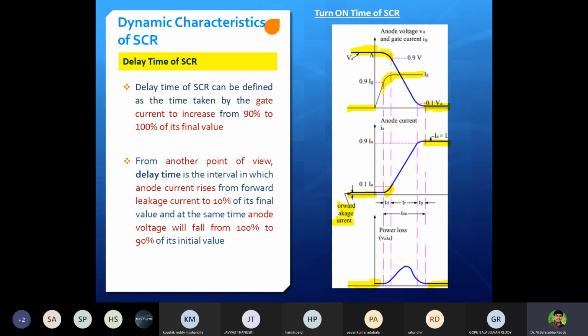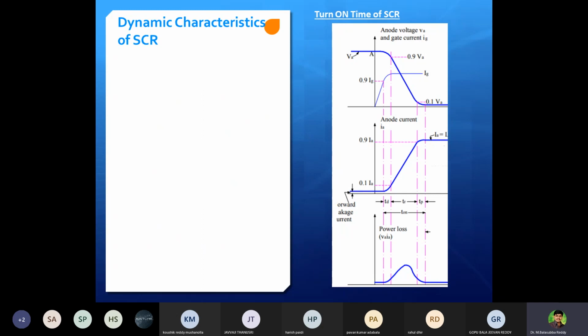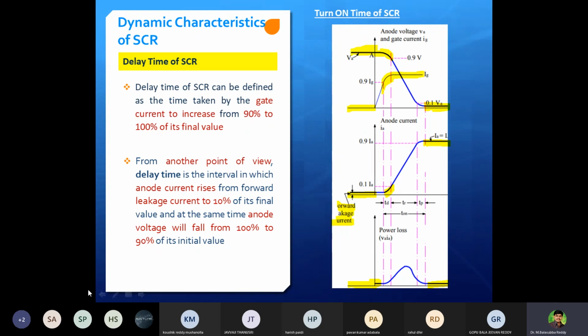And otherwise also you can see the delay time interval in which the anode current, this one is the anode current, you can see anode current reaches, here I will show with this marker. Yeah, so anode current reaches 10 percent of the final value, meaning leakage current to 10 percent of its final value, and at the same time the anode voltage you can see falls to 90 percent.